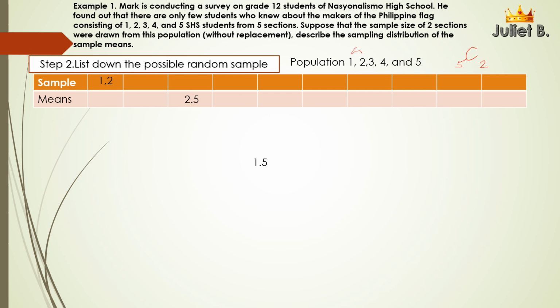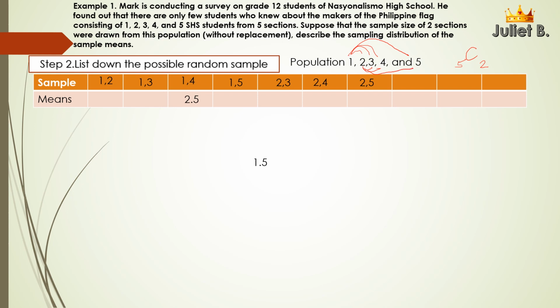Next is 1, 3. Next is 1, 4. Then, 1, 5. So, we're done with samples beginning with 1. Let us proceed to the next one. 2, 3, 2, 4, and 2, 5. Ganyan lang siya.